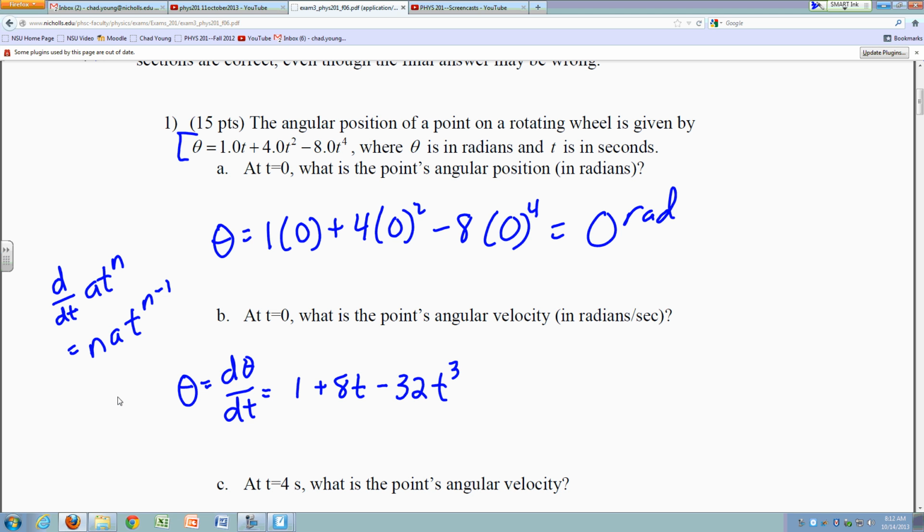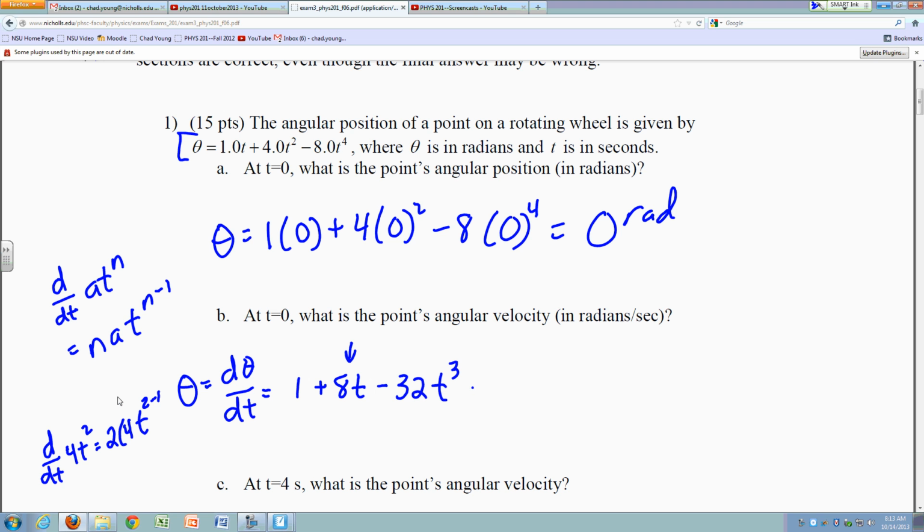So for example, the derivative of 4t squared is 2 times 4 times t to the 2 minus 1, and that's where we get this 8t right here. You've done this in calculus now, right? Derivatives of polynomials. Our derivatives won't be more complicated than that.